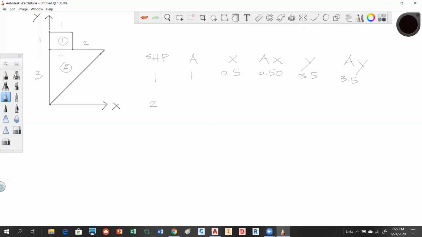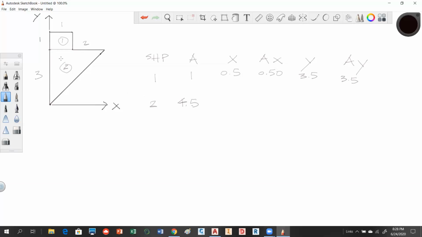So the next thing we got to do is look at the triangle. Triangles are a little tricky sometimes. First, we calculate the area. Area is 3 times 3, so it's 1/2 the base times the height. So 3 times 3 times 1/2 gives us 4.5 square millimeters. So then the x distance, if we're coming this way over, we would be 1/3 of the distance from the large end of the triangle or 2/3 of the distance from the small end.